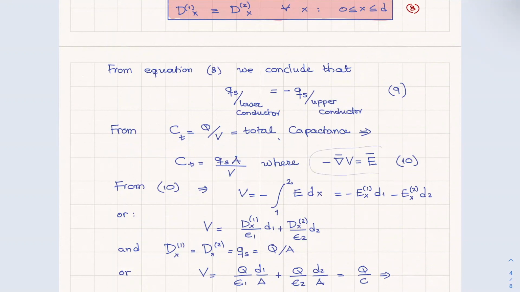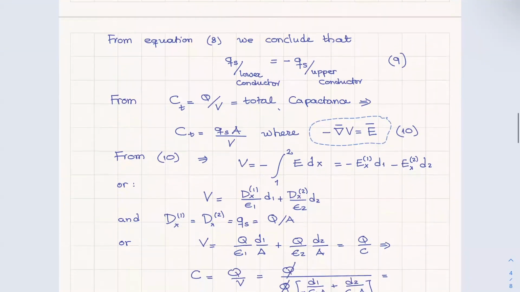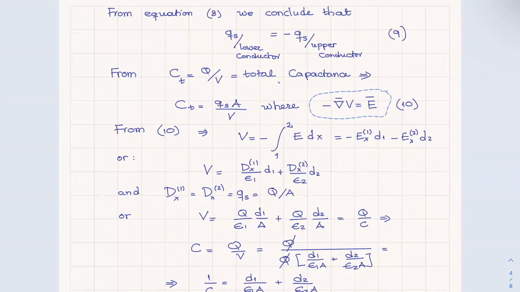And then now we want to find V. But V in this case is going to be different from V before. The V that we have to find is not going to be E times d as we did before, because now we have two different dielectrics. And therefore, we have to write the expression for voltage like here.